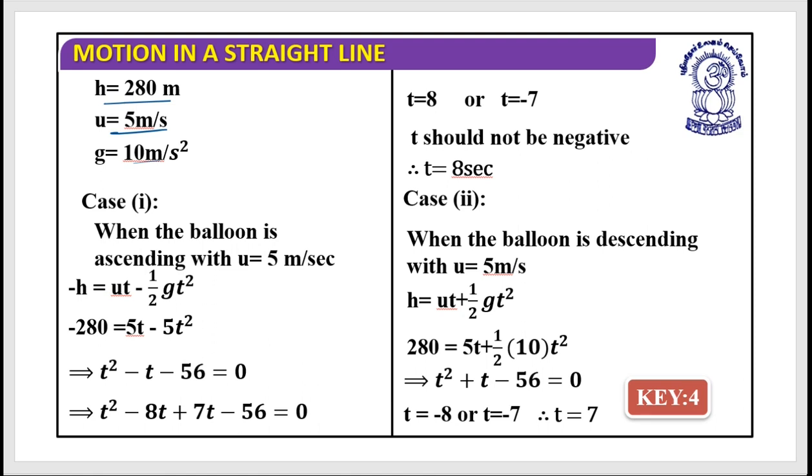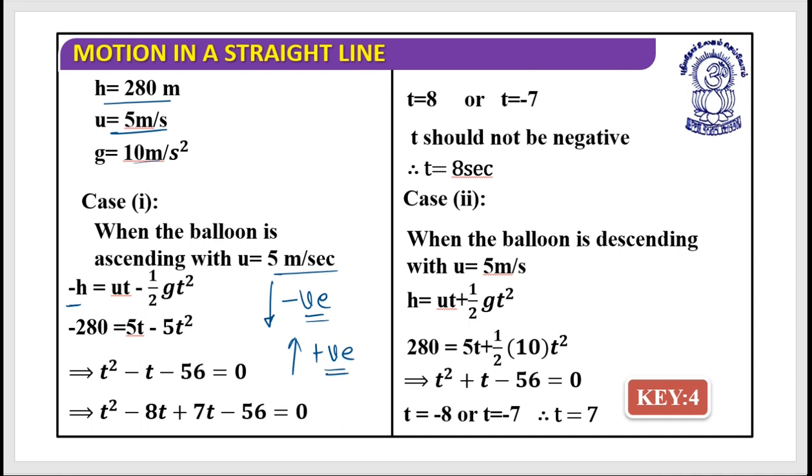So let's take the first case when the balloon is moving upward with a speed of 5 meter per second. If I write the relation h = ut + half gt square with correct sign convention, this would be minus h = ut minus half gt square. Here I have considered downward direction as negative and upward as positive.